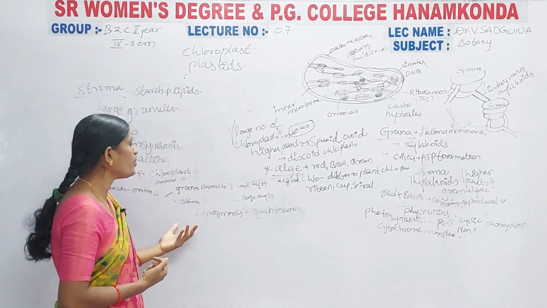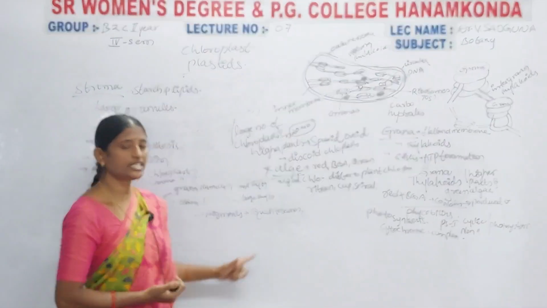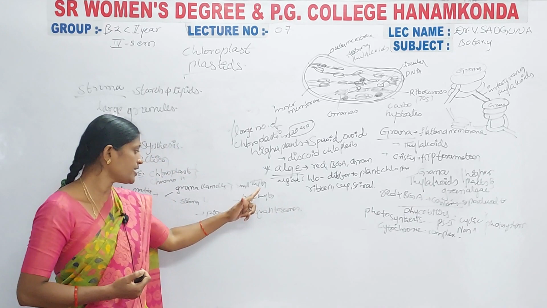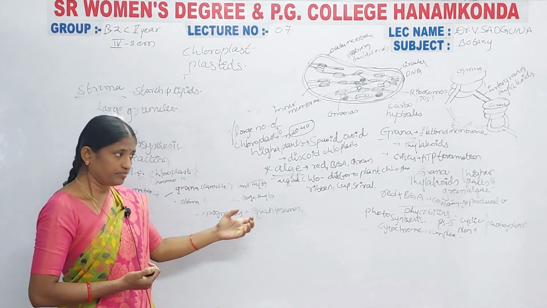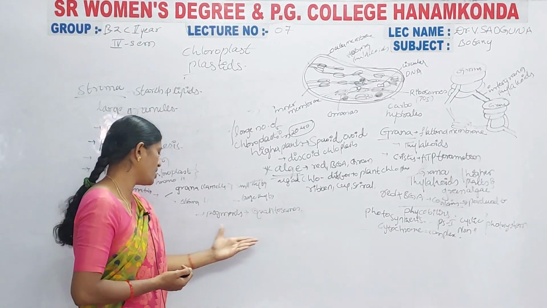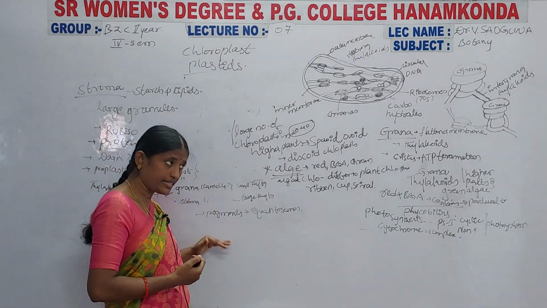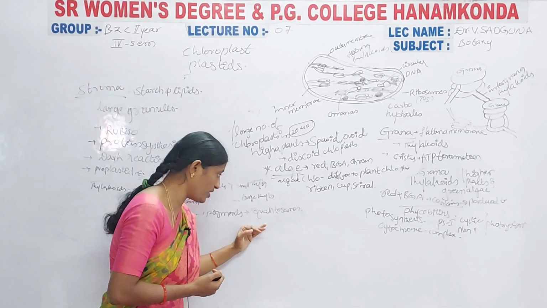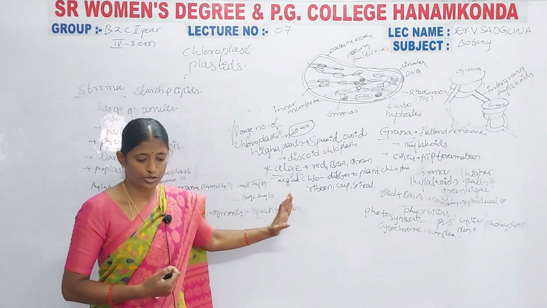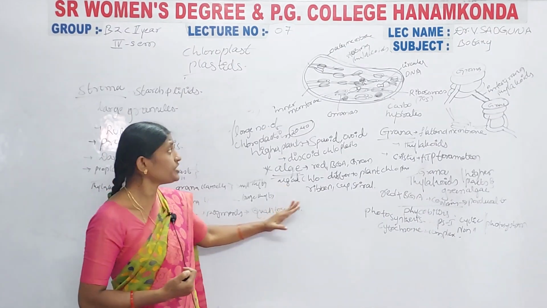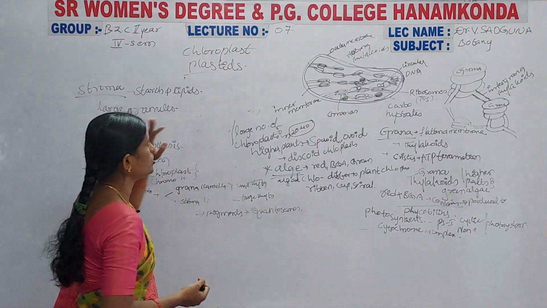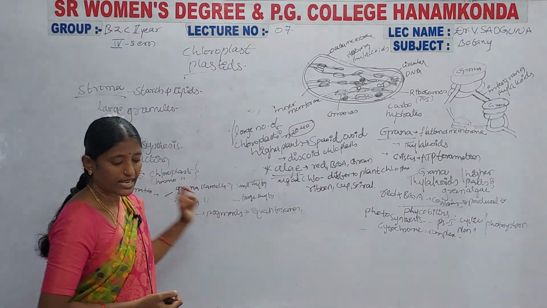So the stroma lamella has large thylakoids, which hold a large amount of pigments known as quantosomes. This is the complete structure of the chloroplast plastids.